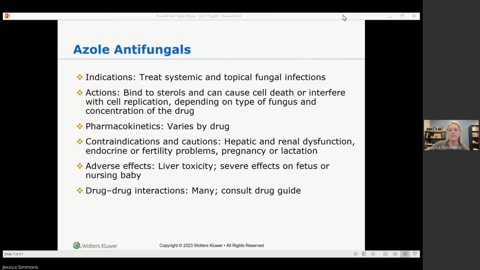Okay, sorry. Anyways, so they treat systemic and topical fungal infections. So these drugs can be IV or like a topical powder, topical cream, or anything like that.